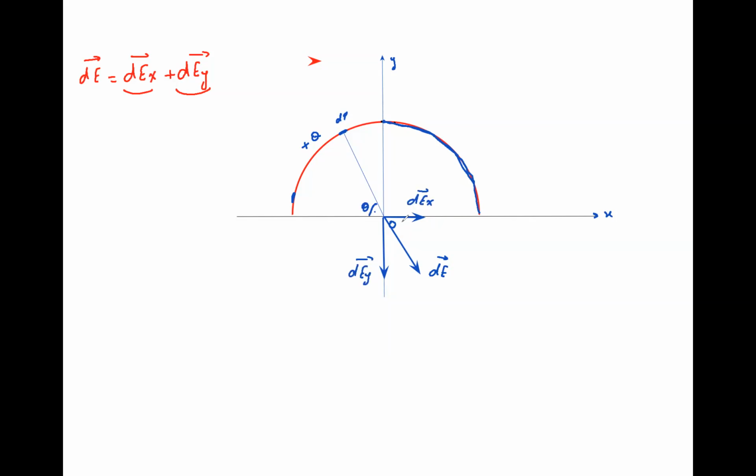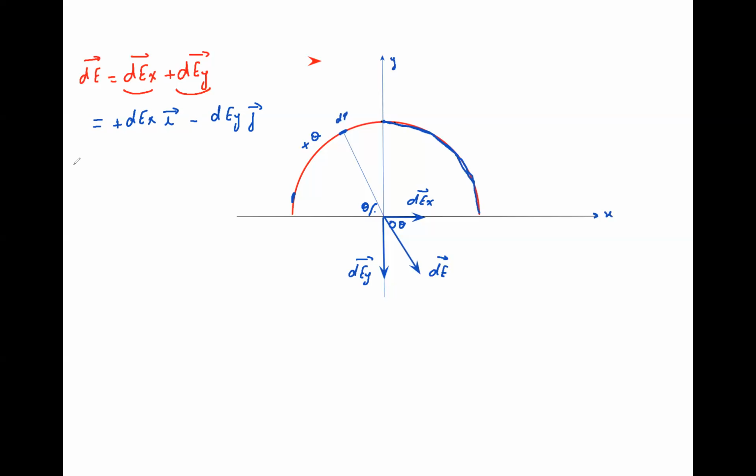Here we have the opposite angle equal to theta. Let's do the magnitude. Here we have dEx in the positive direction, in the direction of plus i, so we write dEx i, and the y component in the negative direction, dEy minus j.